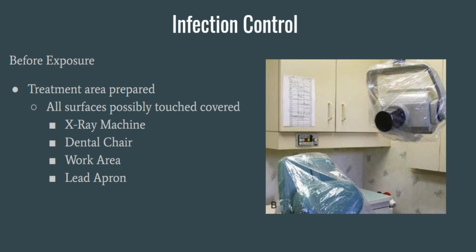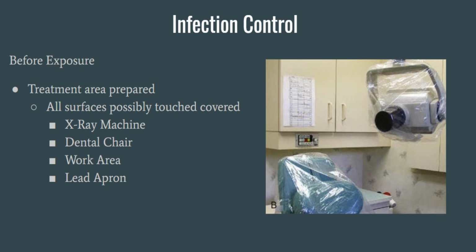And a couple different ways here that we can take care of protection before exposure. Putting all of our infection control guidelines to work, we need to prepare the treatment area. Any surface that can possibly be touched, that can be covered, should be covered. So the x-ray machine itself, any buttons that are on it, any knobs that are on it should be covered. The dental chair, the buttons should be covered.